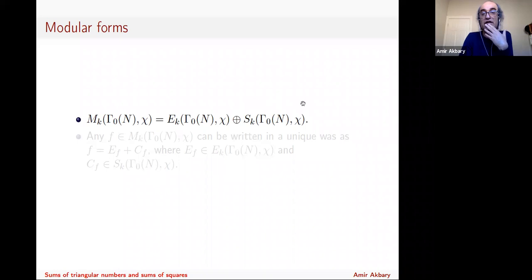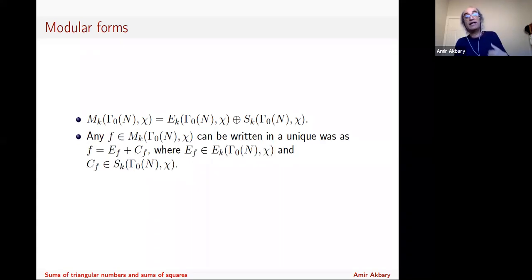You denote the space of all the cusp forms by S k of gamma naught n and chi, and the space of modular forms as M k of gamma naught n and chi, and the orthogonal complement of S k in M k you call E k. And this is what we call the Eisenstein space, the thing that I mentioned in the previous slide.